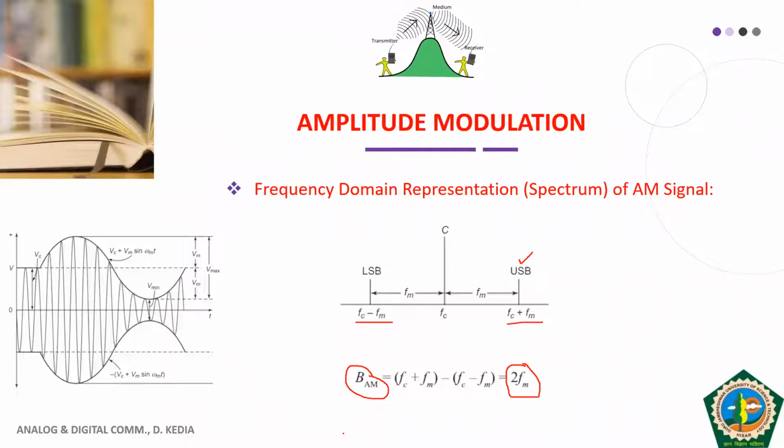And you will get an idea of it when we discuss different forms of amplitude modulation. Fine. So I hope this frequency domain representation or the concept of spectrum or the bandwidth requirement is clear to you. That's why we have talked about the power relations in AM, and we have talked about the spectrum of the AM signal. Next.